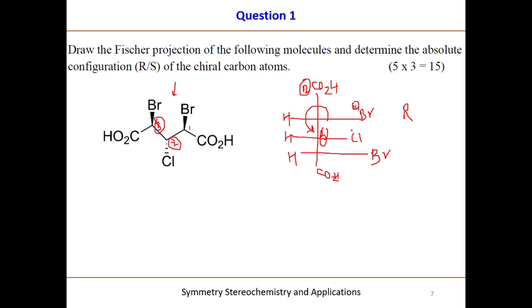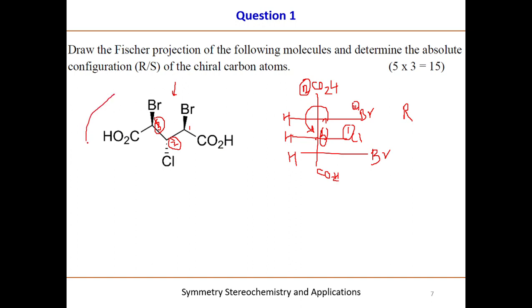For the second carbon, the first priority group is this chlorine halogen, and the second priority group is here. Here both the carbons have the same priority. So this is not a chiral center. This carbon atom is not a chiral center, because here, as I told you, a plane of symmetry is present.